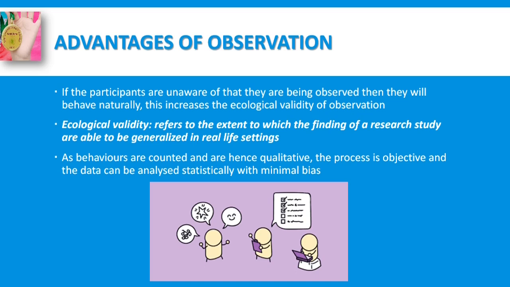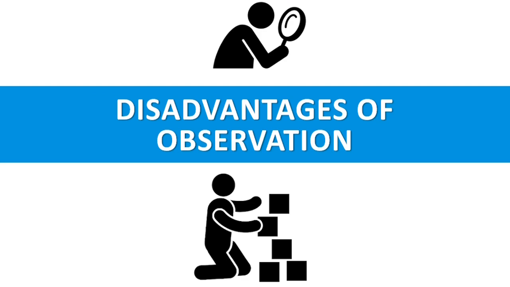The advantages of observation include that if the participants are unaware that they are being observed, then they will behave naturally. This increases the ecological validity of observation. Ecological validity refers to the extent to which the findings of a research study are able to be generalized in real-life settings. As behaviors are counted and are hence quantitative, the process is objective and the data can be analyzed statistically with minimal bias.